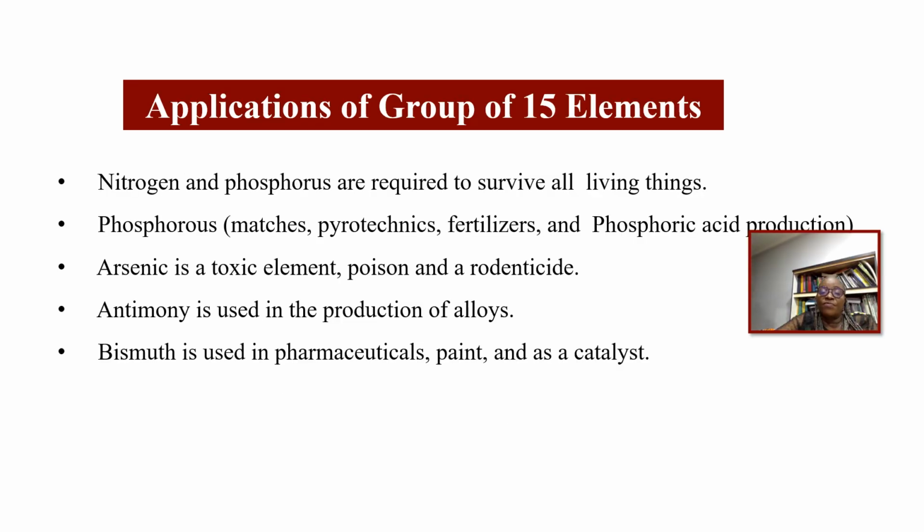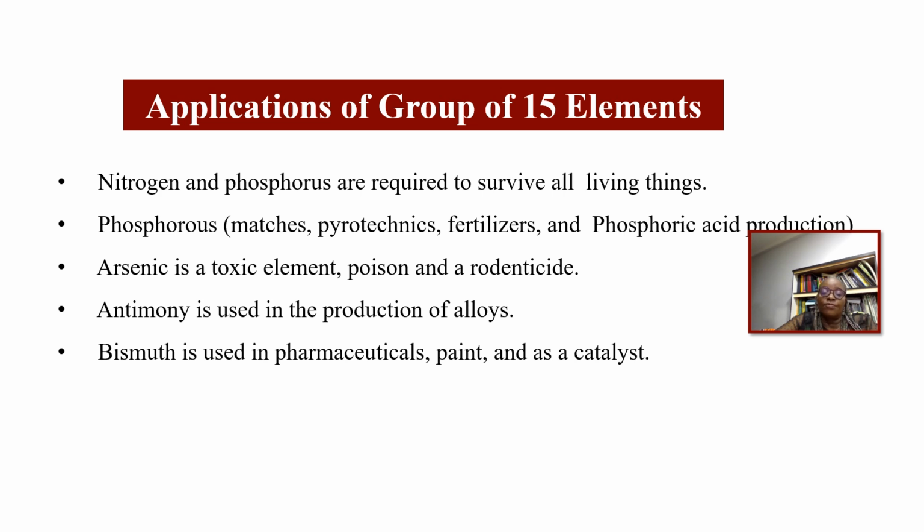Applications of group 15 elements. Two of the elements, nitrogen and phosphorus, are required for all living things to survive. The majority of the Earth's atmosphere is made up of nitrogen gas, and nitrogen is in great abundance in the troposphere.